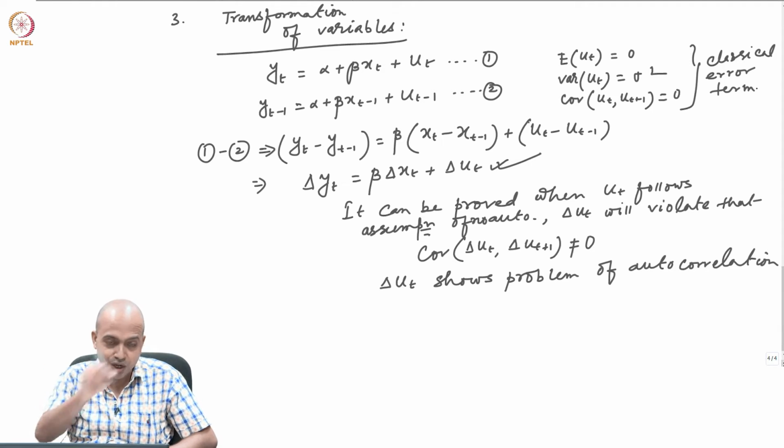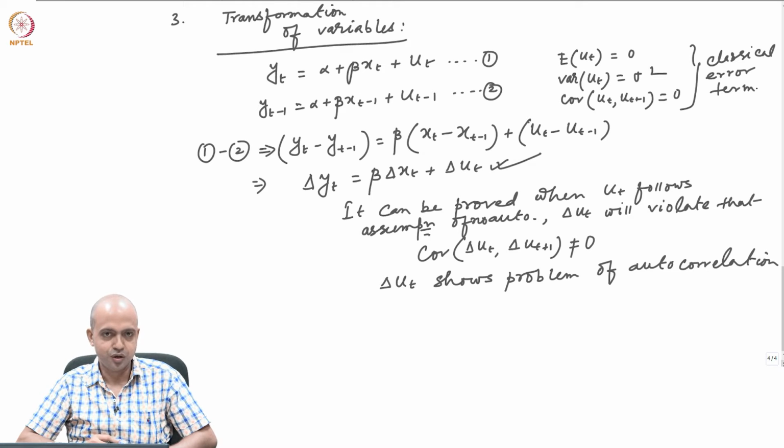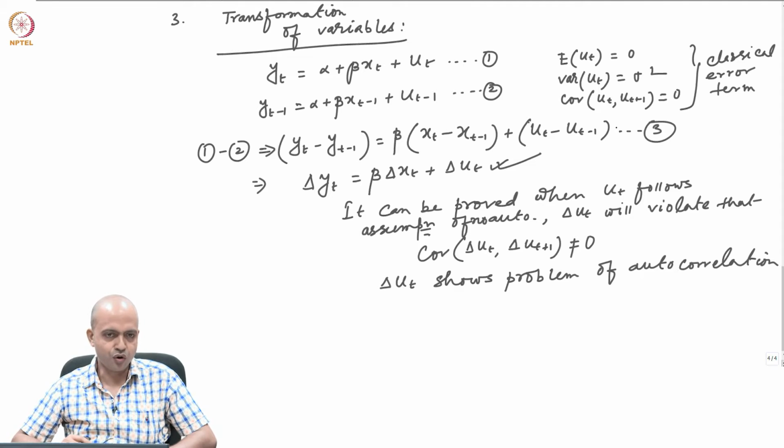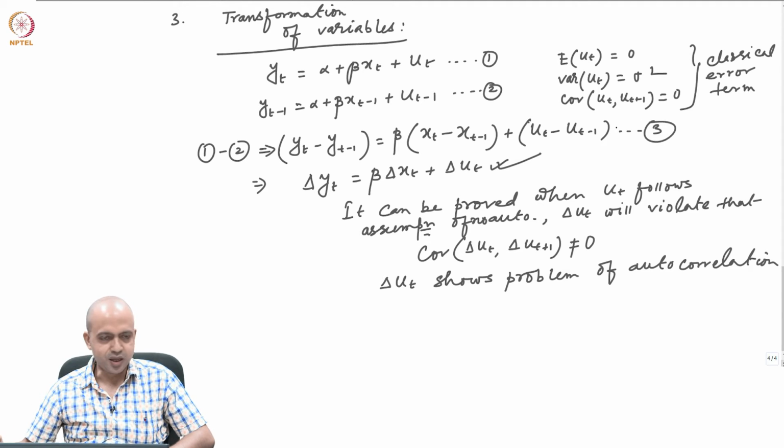But if your original u t follows the classical assumption, that means it does not show any autocorrelation problem, and you take the first difference, then the error term in the first difference model will show some kind of autocorrelation problem. So, these are the prime reasons for autocorrelation, and there are some more reasons given in your textbook.